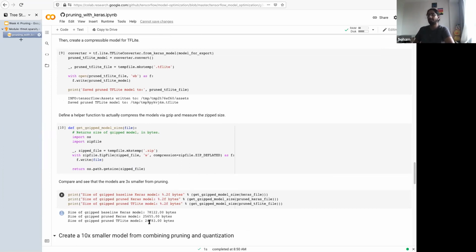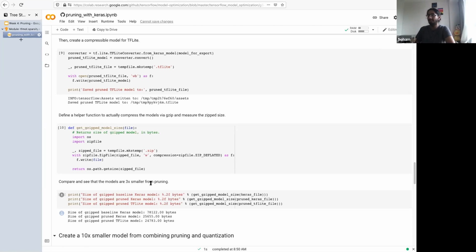Now, this is where you might be asking, hey Soham, we're pruning 80% of our model, but we're only getting like 3 times savings. That doesn't make sense. And you're right, it doesn't. The reason for that is because of how the model is saved, the different variables that are also saved.